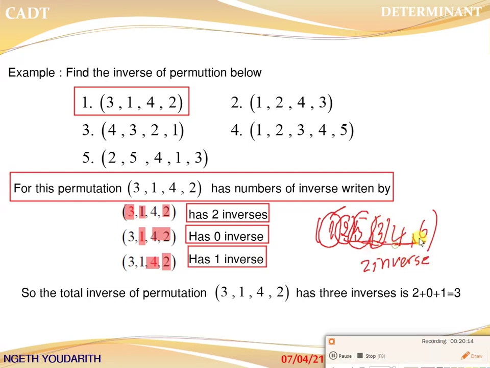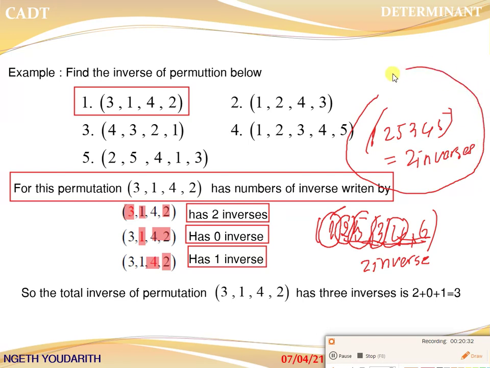Number 3, no. Number 4, no. So the permutation 1, 2, 5, 3, 4, 6 has only 2 inversions.